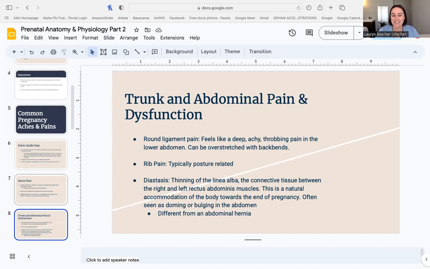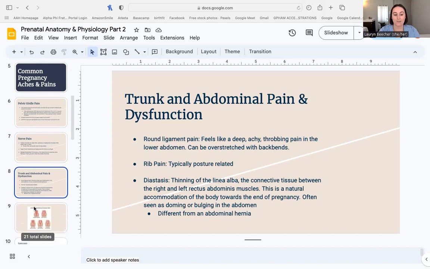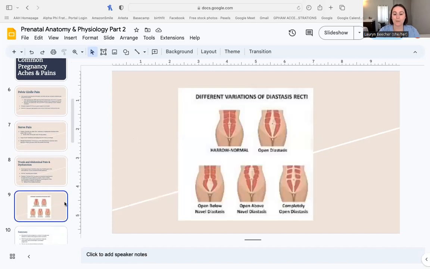Diastasis is what happens for the vast majority of people towards the end of pregnancy. So when we think back to our anatomy, we have a couple different variations pictured here. But on either side, we can see the rectus abdominis, those six-pack ab muscles running on either side. Got belly button there in the middle.